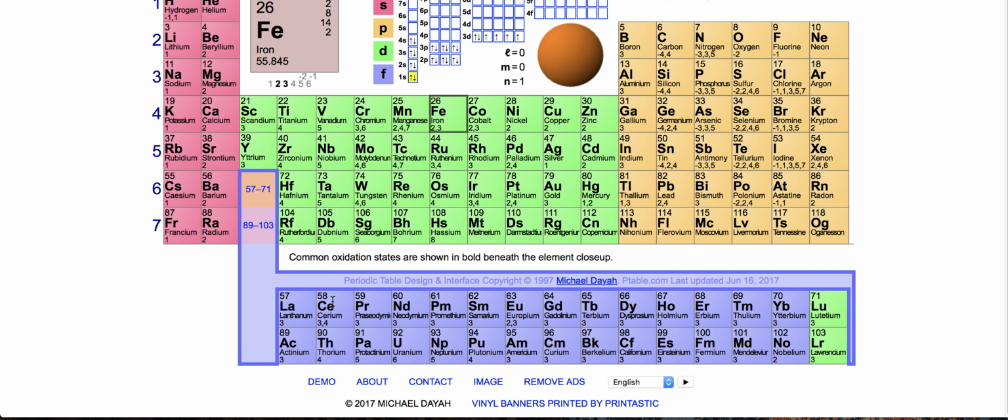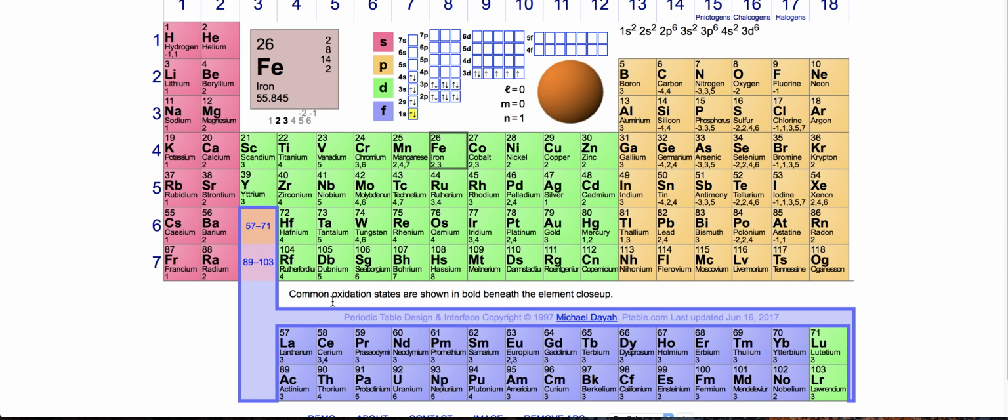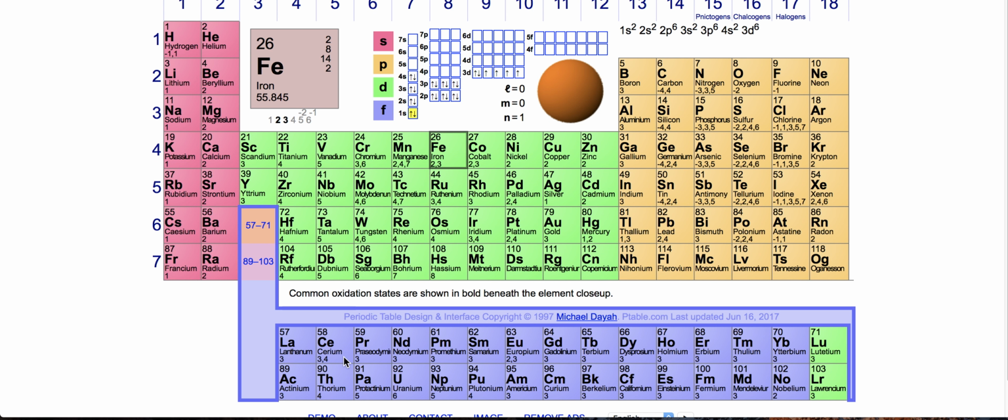So we probably should do one with an f orbital, and this will take a minute, and I don't know if I can remember because I can't write the electron configuration down as I go, so this will be a wreck. But we'll give it a go. Let's do cerium. So cerium is in the 6th energy level. So you cruise across, you go cesium, barium, and you're in the f block, lanthanum, cerium.